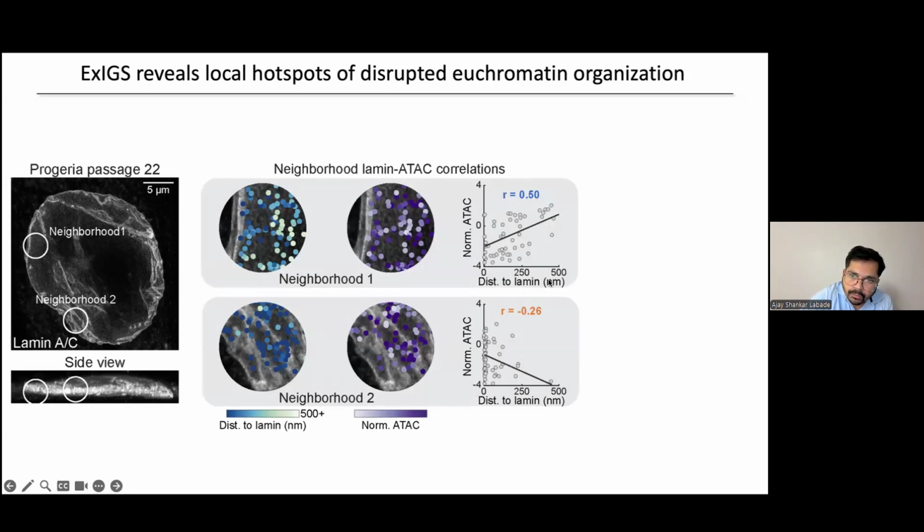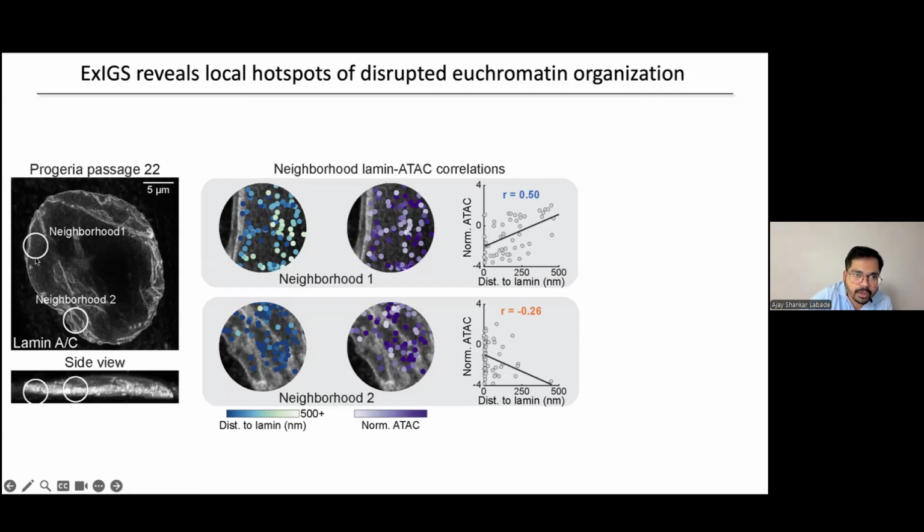So on the y-axis here, you can see the ATAC score from the normal cells that we are comparing with, and distance to lamin. So each of these dots, we can compare their distance to lamin. The further away they are from the lamin, the higher the ATAC score.